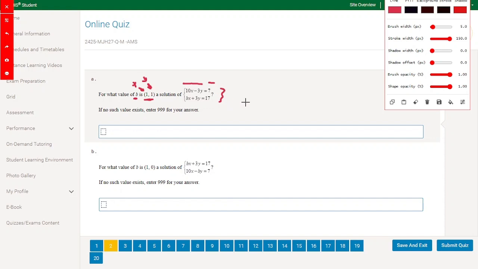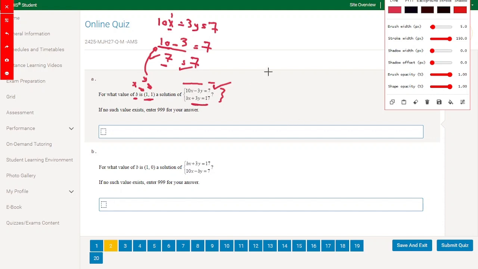The left hand side will be equal to the right hand side. So let's check here. We have 10x minus 3y equal to 7. Let's substitute 1 and 1 in this equation. Here 10 minus 3 is 7, equal to 7. So the left hand side equals the right hand side, and 1 and 1 is a solution for this equation.